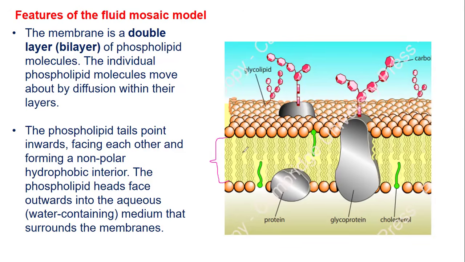So this region is hydrophobic, it's water hating. Why is it hydrophobic? Because it is mainly made up of hydrophobic tails. So this region is hydrophobic, but the surface is hydrophilic because it's made up of phosphate heads, and even this side, the surface is hydrophilic because it is made up of phosphate heads.